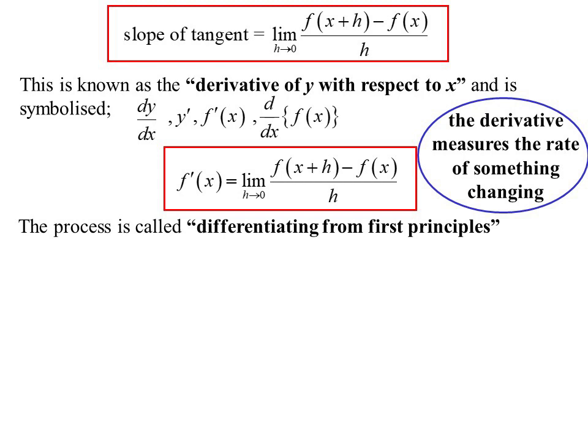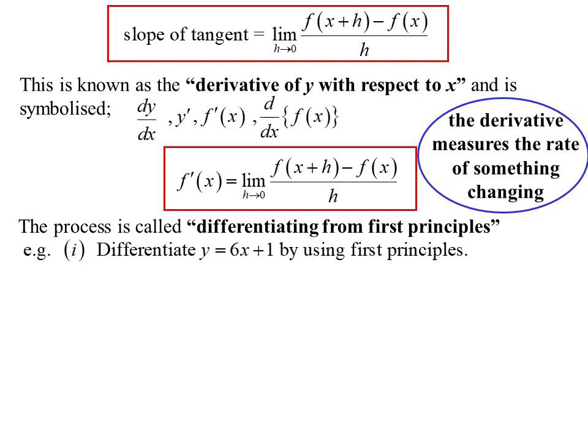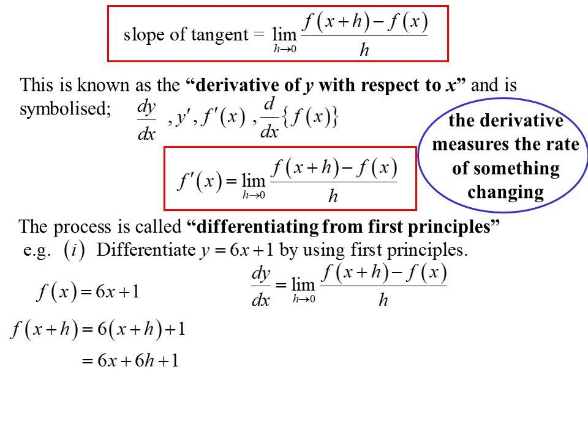So let's do it. Now look, I picked a straight line because we know what the answer should be. It's a straight line, we know the slope's 6. Here we go. Function x is 6x plus 1. So function x plus h, substituting x plus h in, is 6x plus 6h plus 1. Let's put it into our formula.